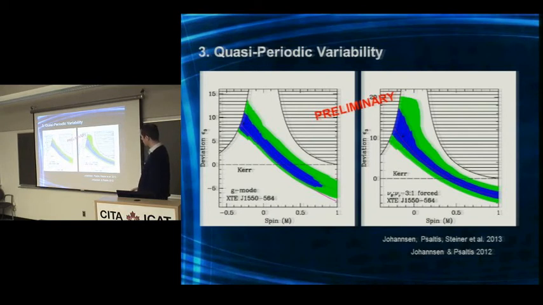And what I'm doing here is I'm using that measurement as my prior, and I combine this with another measurement that has been obtained for this black hole. You observe quasi-periodic variability. Quasi-periodic variability means that you have emission at characteristic frequencies which is thought to originate from modes that you can excite in your accretion flow.